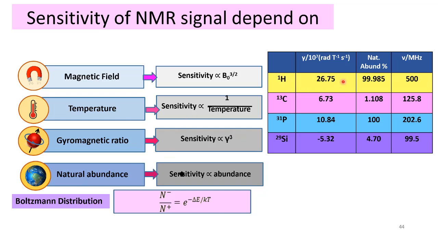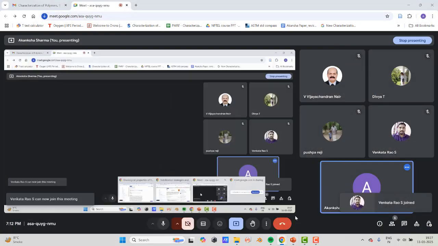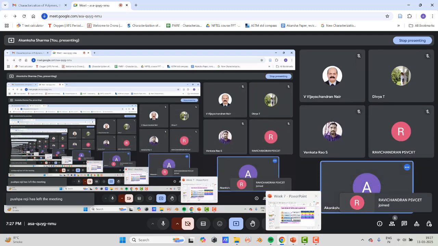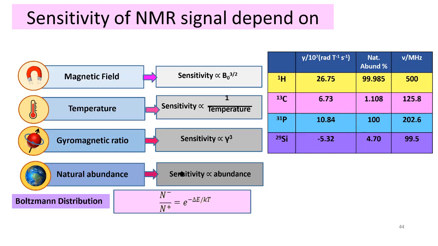For proton, we have a very high gyromagnetic ratio, but for phosphorus, it is lesser. For silicon, it is negative. That is why the frequency will also vary depending upon these factors.